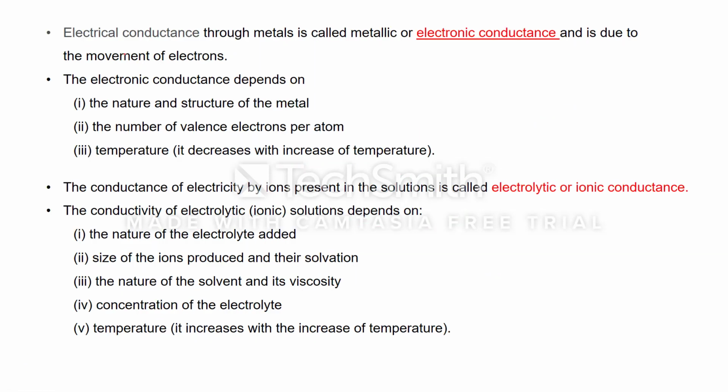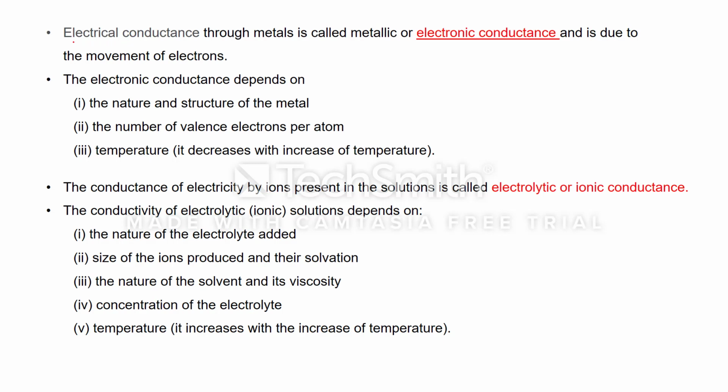Now again, in the solid state we have discussed the conductors. On the basis of conductivity we have classified conductors, semiconductors and insulators. Now conductors are further classified into two categories depending on the source of conduction.